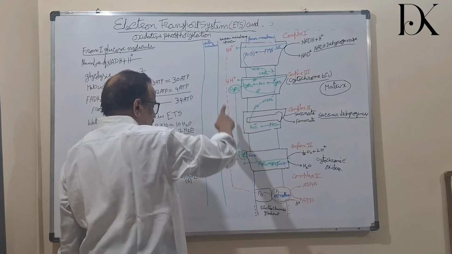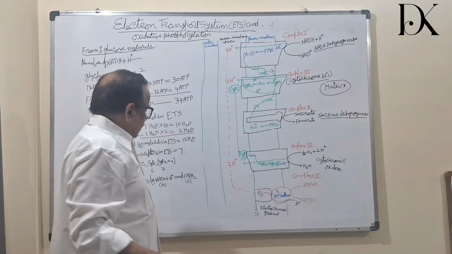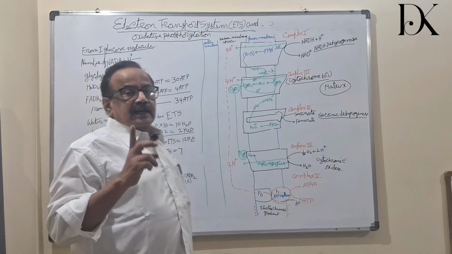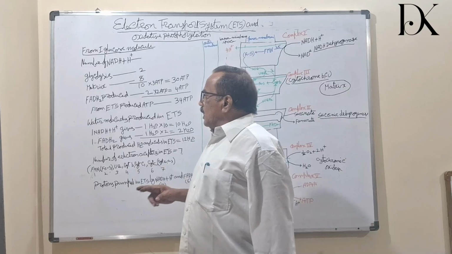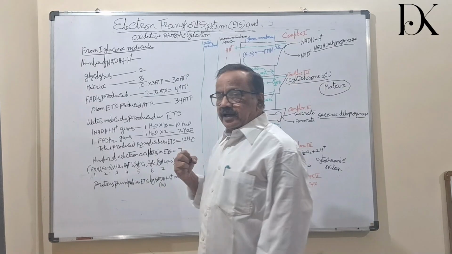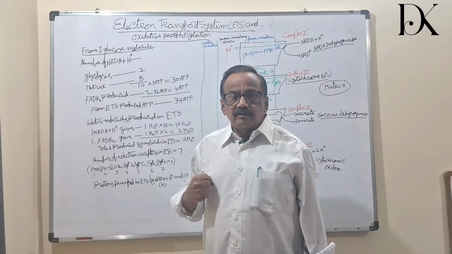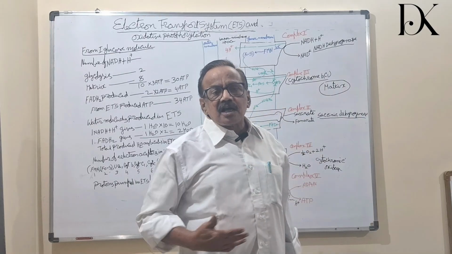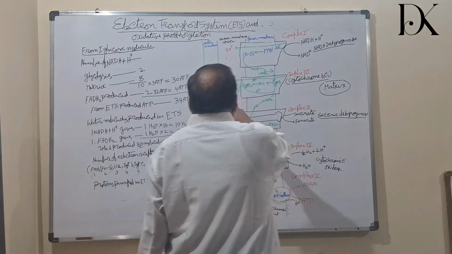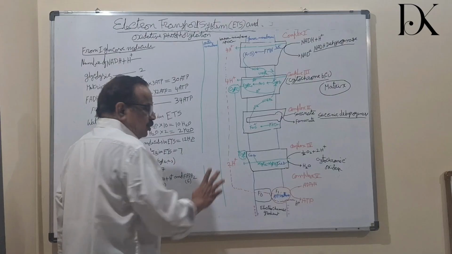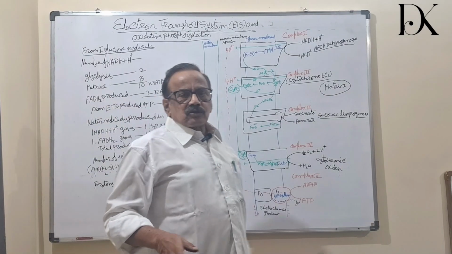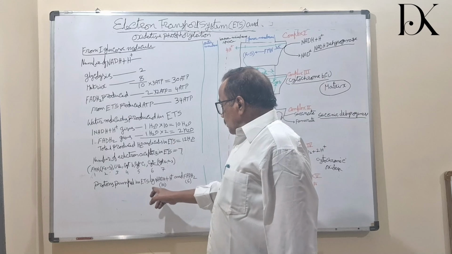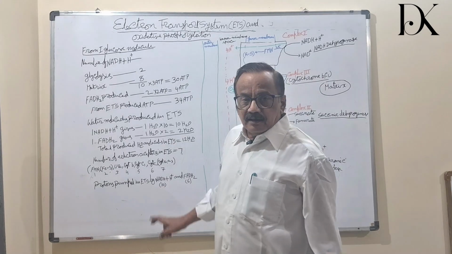Total 4 plus 3 plus 2 is equal to 10. 10 will be pumped from one NADH. And FADH2, how many protons will be pumped when it is oxidized and travels through the ETS? That is here 4 and 2, 6 only. So NADH pumps 10.